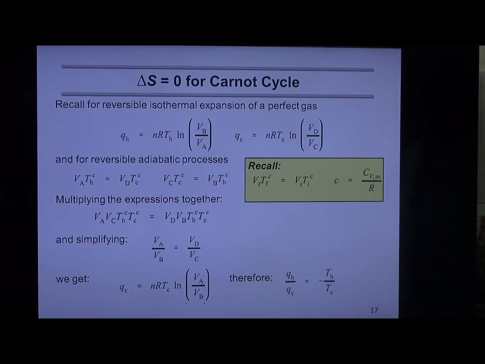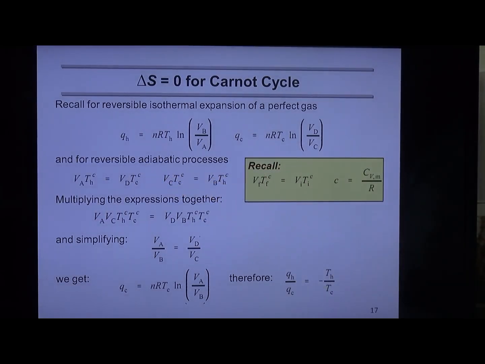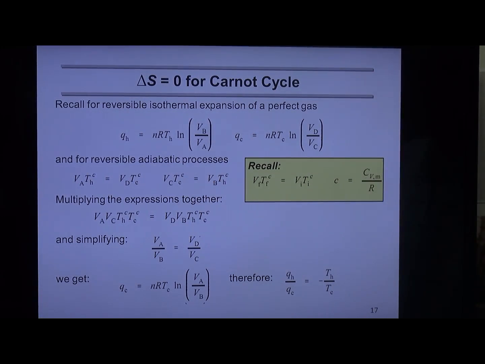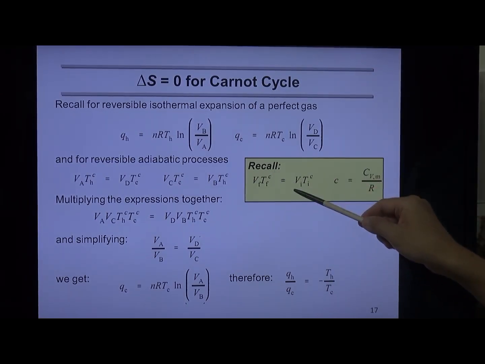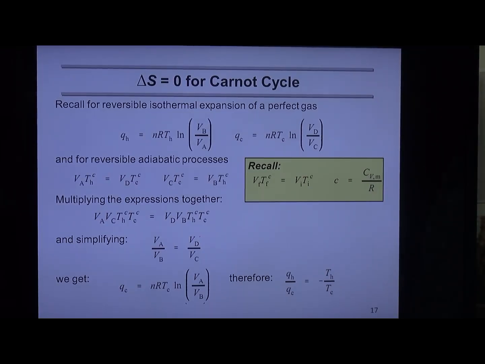Also, we have learned from chapter 2 that for reversible adiabatic processes, remember we had this kind of relation, right? When we calculated the final temperature during adiabatic expansion, we got these kind of expressions, right? We have TF to the power C times VF equals TI to the power C times VI. Here C was the molar heat capacity at constant volume over the gas constant, right?